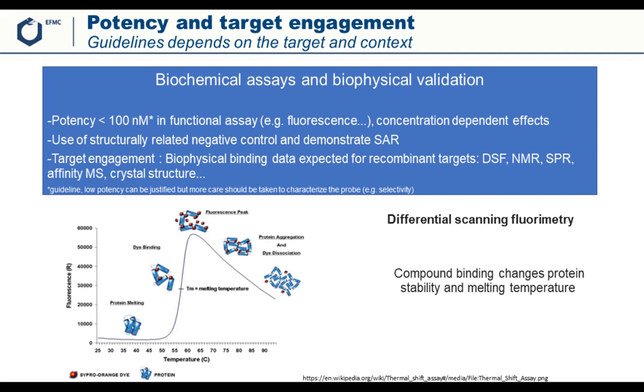And so you can monitor an increase in fluorescence to follow this unfolding. If you continue to heat your sample, the protein will aggregate and the dye will dissociate and you will lose this fluorescence. And you can estimate a so-called melting temperature as the 50% increase of fluorescence. And this is very useful because binding of a compound to a protein will change its stability and so its melting temperature. So you can very easily monitor the binding of a compound to a protein.